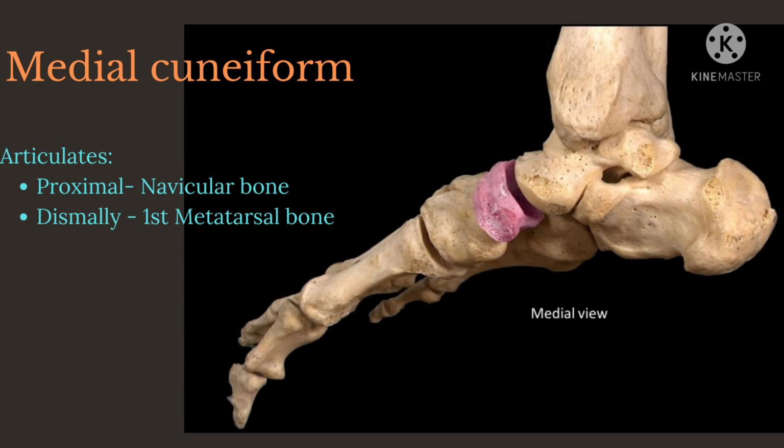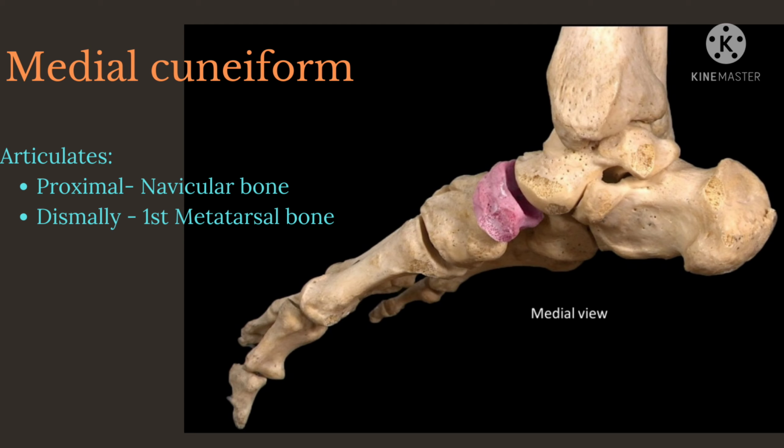This medial cuneiform has two articulations, one proximal and one distal. Proximally, the navicular bone is attached to the cuneiform, and distally, the first metatarsal bone is attached to the medial cuneiform. Proximally, all three cuneiform bones are attached with the navicular bone. So this is a common feature of the cuneiform bones.